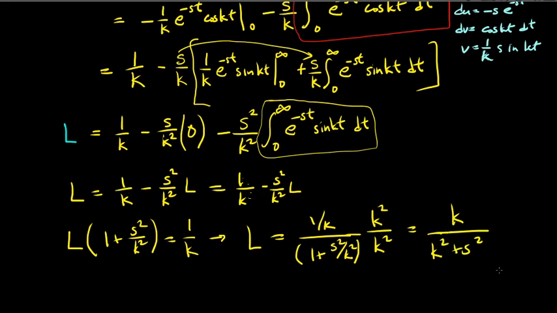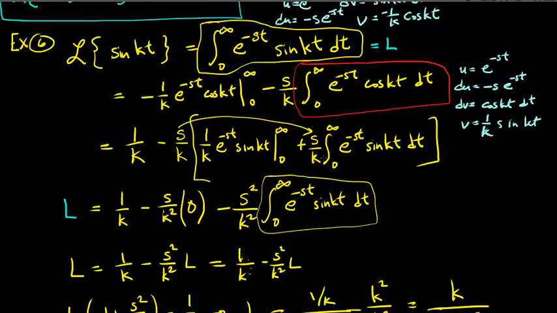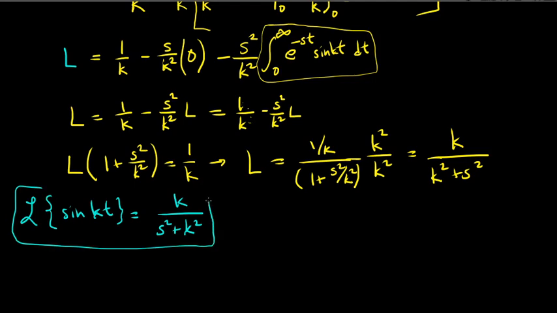Although I think it's more common to put the s squared first. So that's L, right? And that was the Laplace transform. So let's just make that official. The Laplace transform of sine of k times t is equal to k over s squared plus k squared, or k squared plus s squared. But this is how it appears in the book, right?